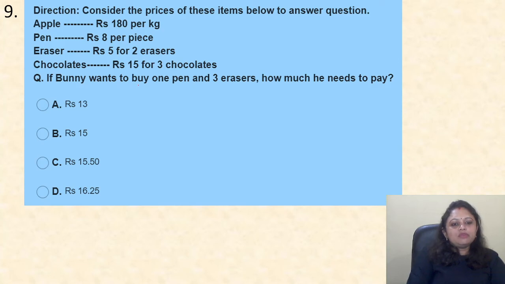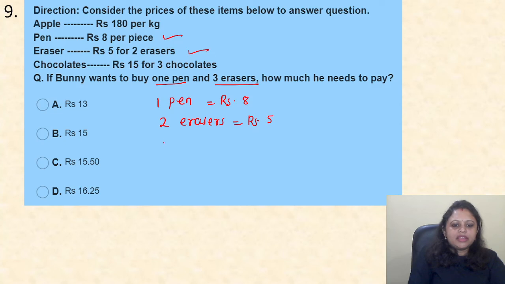Okay, so Bunny wants to buy 1 pen and 3 erasers. For 1 pen, it is rupees 8 per piece. So for 1 pen it is rupees 8. For 2 erasers it is rupees 5.